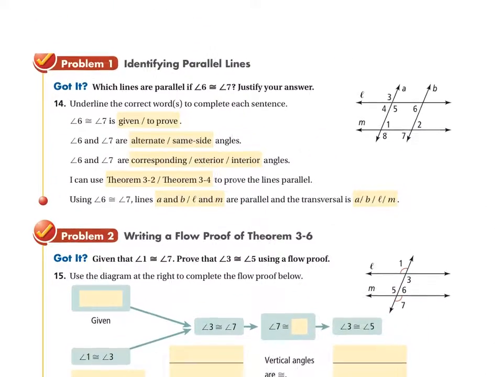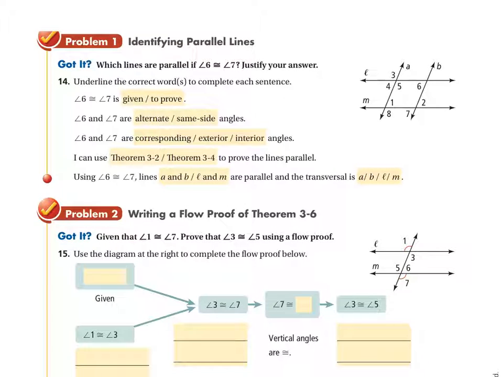The next part of this is problem 1. We're going to be identifying parallel lines. The Got It problem: which lines are parallel if angle 6 is congruent to angle 7? And we want to justify our answer. Angle 6 and angle 7 are congruent, so I'm going to put marks on them here.